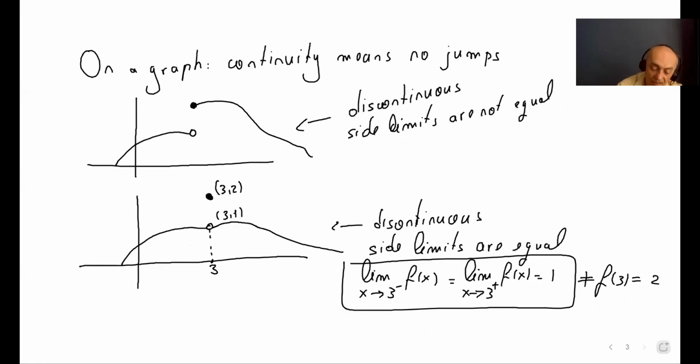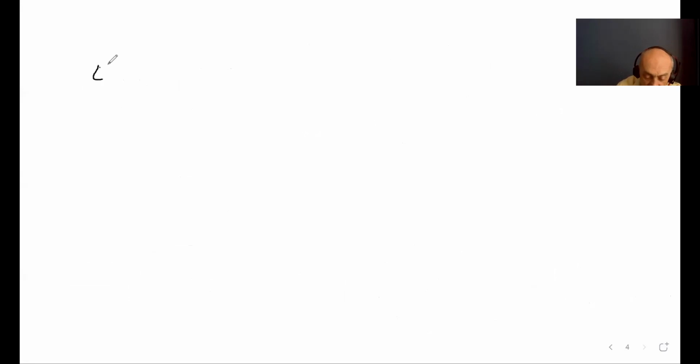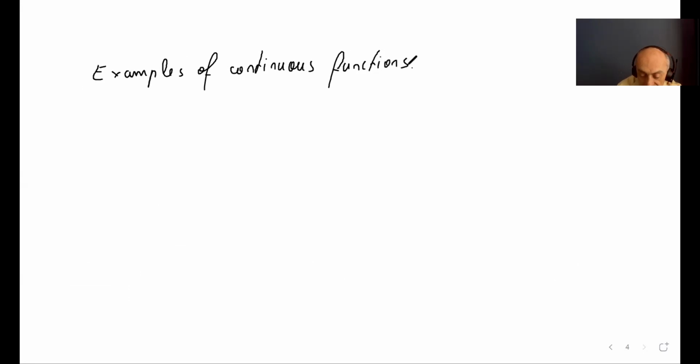Examples of continuous functions. Fortunately, most of the functions that you know from pre-calculus or college algebra are continuous functions.